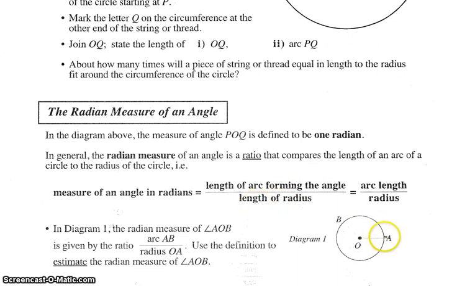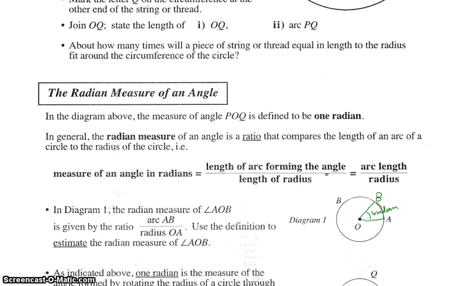So if I draw this here, and this is point B, then if the radius is this and this arc is also equal to the radius, this angle here would equal 1 radian. That's really what a radian is. It's about 57 degrees, but we'll get into that in a little bit.